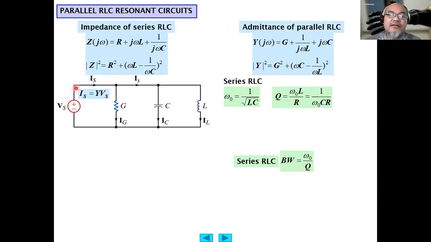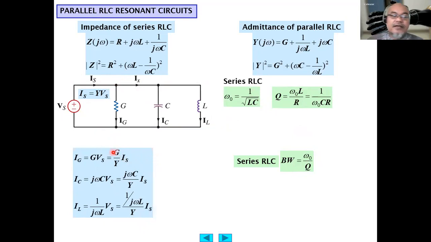In the parallel circuit, the current IS equals the total admittance multiplied by the voltage source. Here IG equals the conductance times the voltage source. The current at the capacitance equals the admittance of the capacitance, jωC, times VS, the source voltage, so IC divided by the voltage source equals jωC, or IS divided by the admittance Y times jωC.